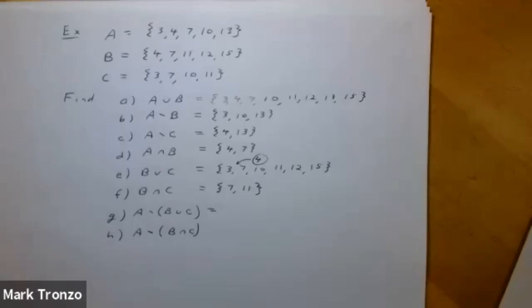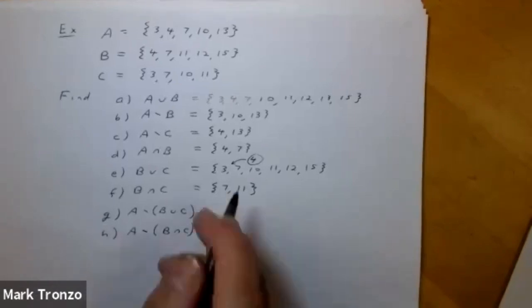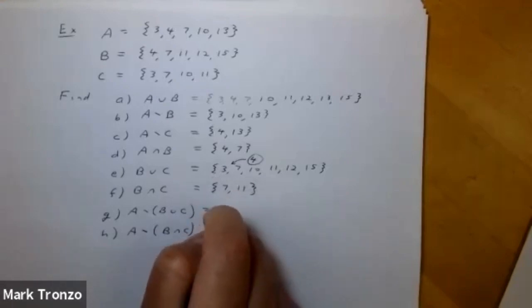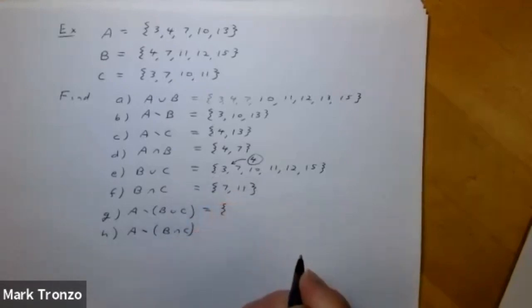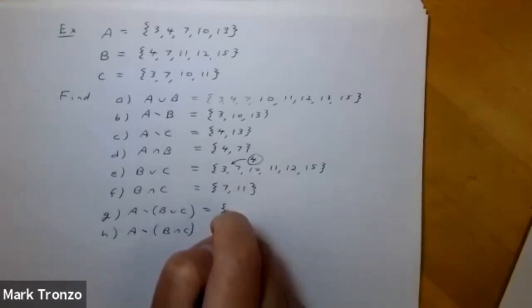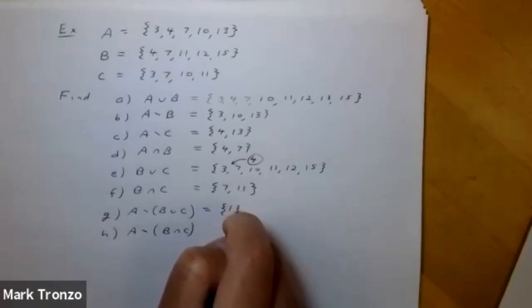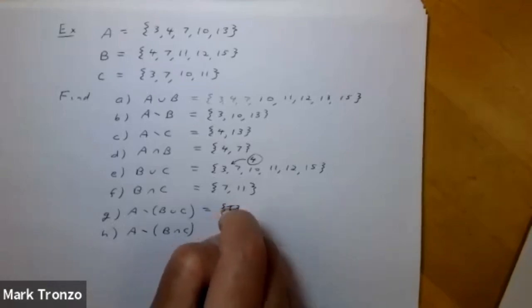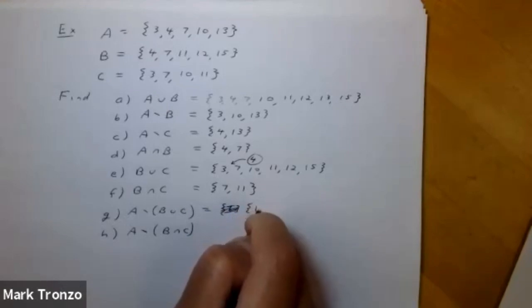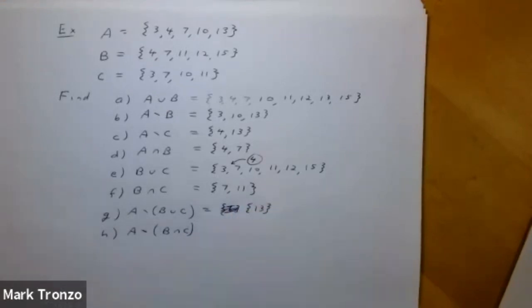And then what did you get for G? Just 13. Oh, you're right, it should also have a 4, because I messed up E. So that's just 13.